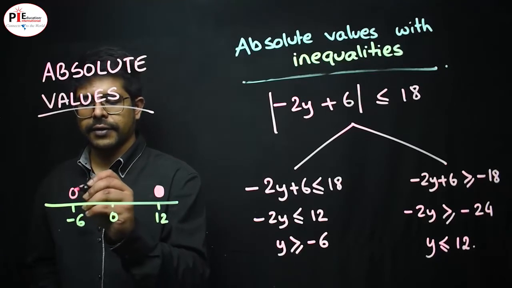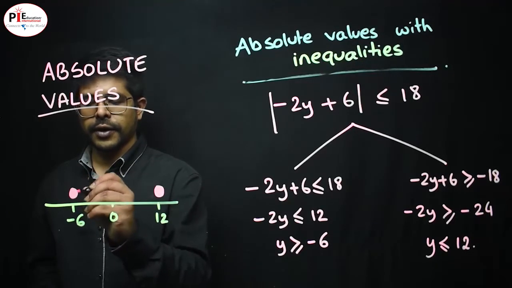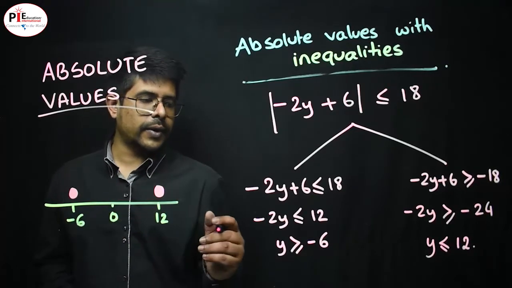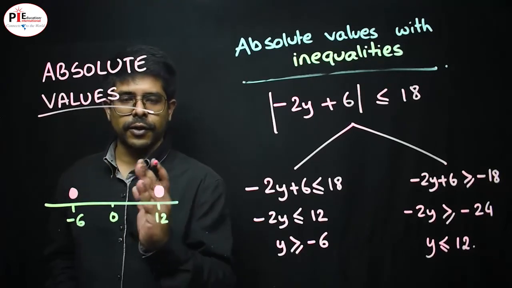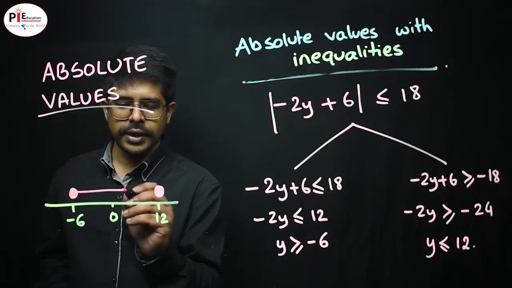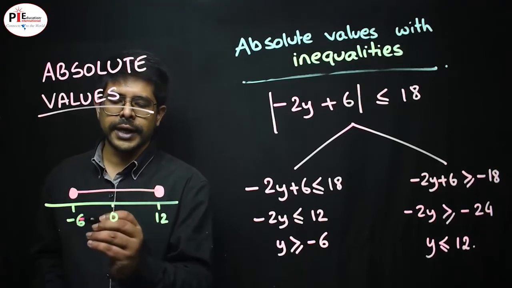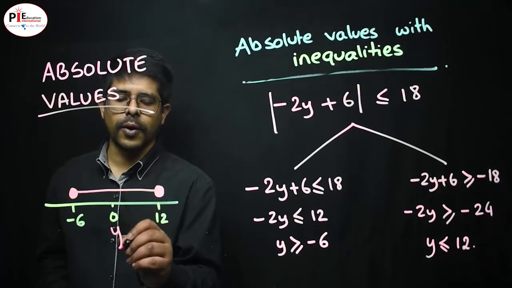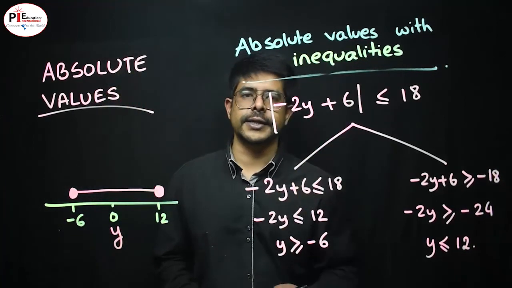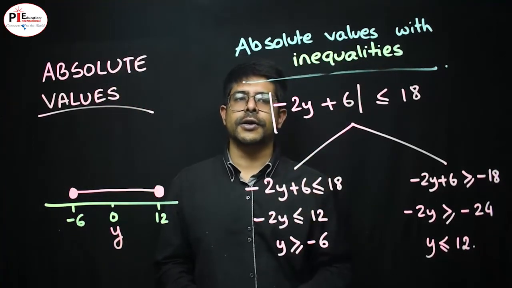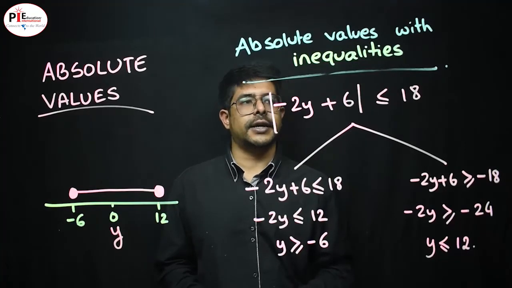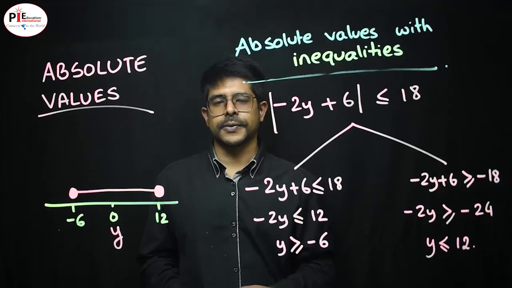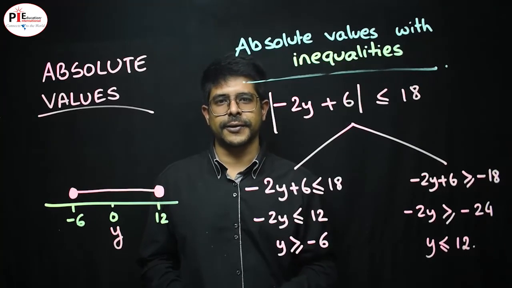So we have another point over here, and it is covering this side, whereas the other was covering from 12, so it is somewhere over here. So from -6 to 12, all the values of y are going to satisfy this equation, modulus of -2y plus 6 is less than or equal to 18. I hope this was helpful for you. I'll see you in the next video.